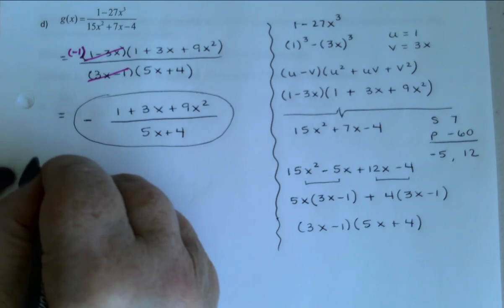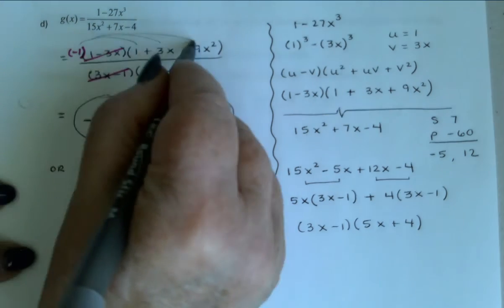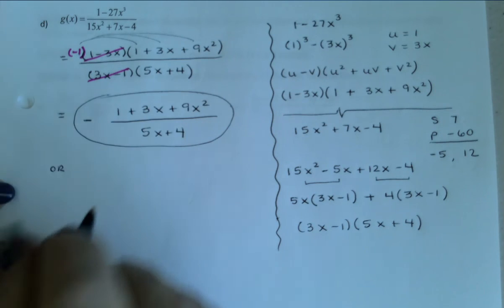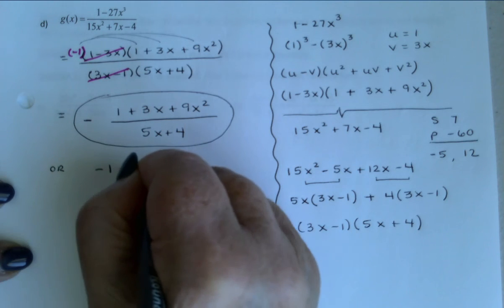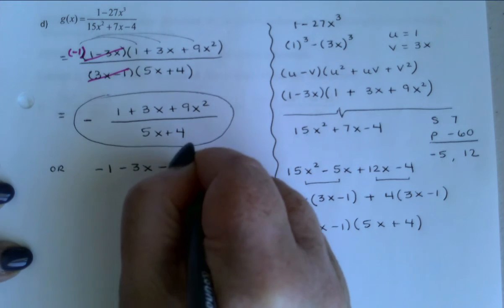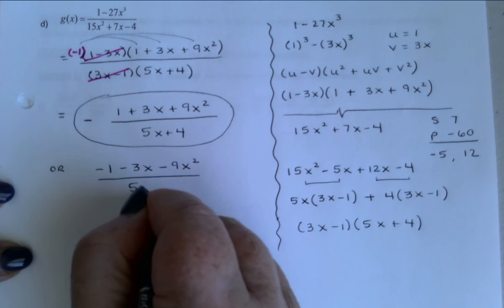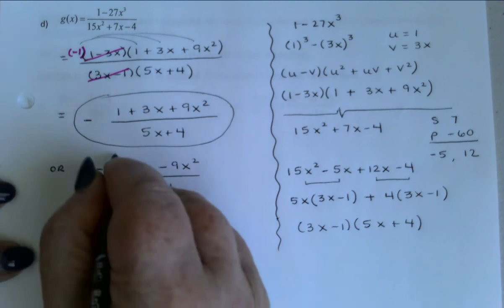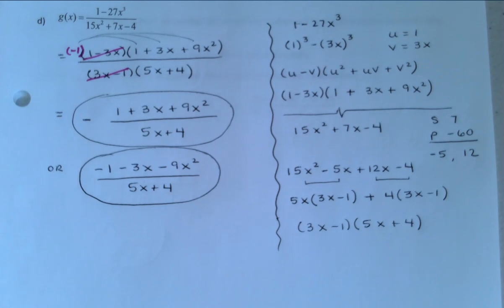Another option that I have is I could take that negative 1 and distribute it through the numerator. And I'd get negative 1 minus 3x minus 9x squared over 5x plus 4. Those are both pretty popular ways of writing the answer.